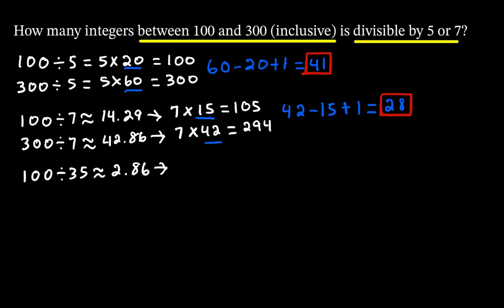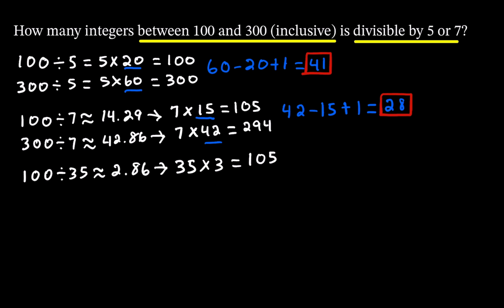Our first multiple is 35 times 3. Notice I've rounded 2.86 up to the next whole integer. And 35 times 3 is 105. So as you can see, it's greater than or equal to 100. In fact, it's actually greater than 100.